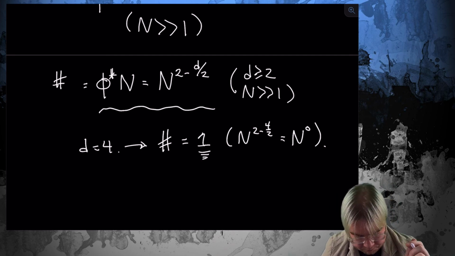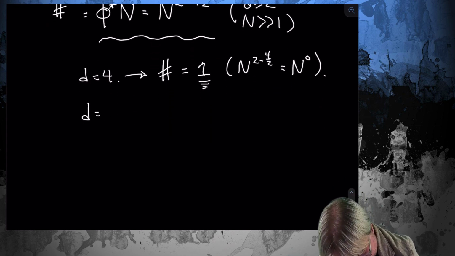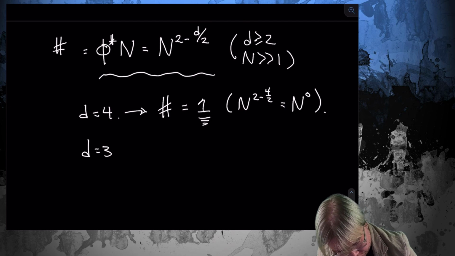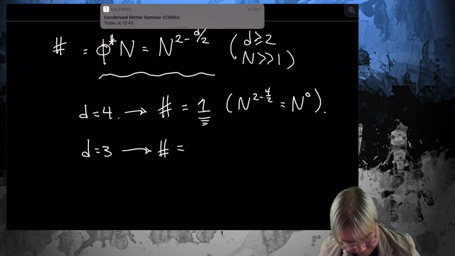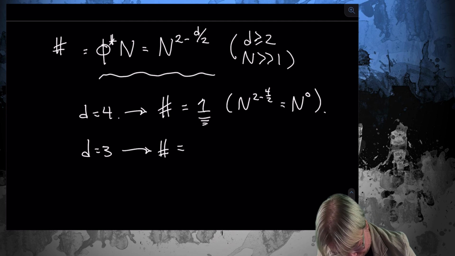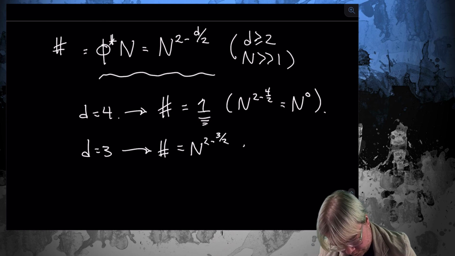All right. What about d equals 3? Well, the number of monomers that are going to interact with each other is basically going to be n to the 2 minus 3 halves.